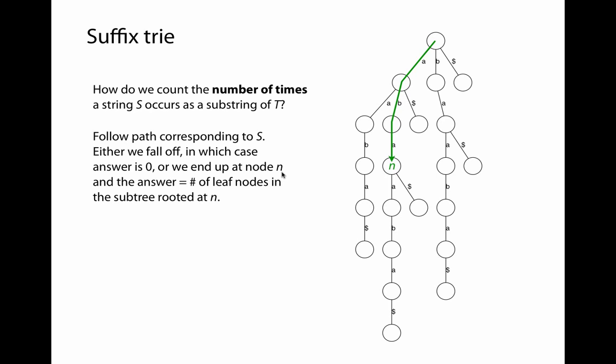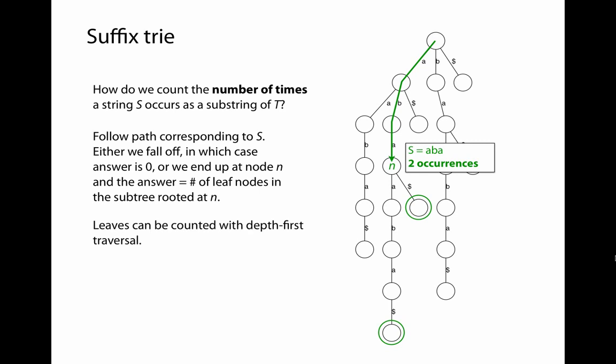And so the answer is just the number of leaf nodes in the subtree rooted at n. There are 2 such leaf nodes. So now we know that the string ABA occurs twice in our text T. And how do we count the number of leaf nodes in that subtree? Well, we can do it with a very simple depth-first traversal down from n.